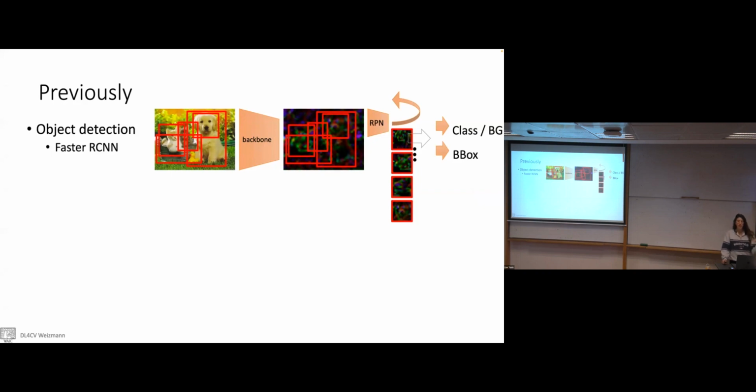So the RPN suggests a region to focus on, and using another network, we query for what is the class within this region box, and what is the exact bounding box that we want to evaluate.